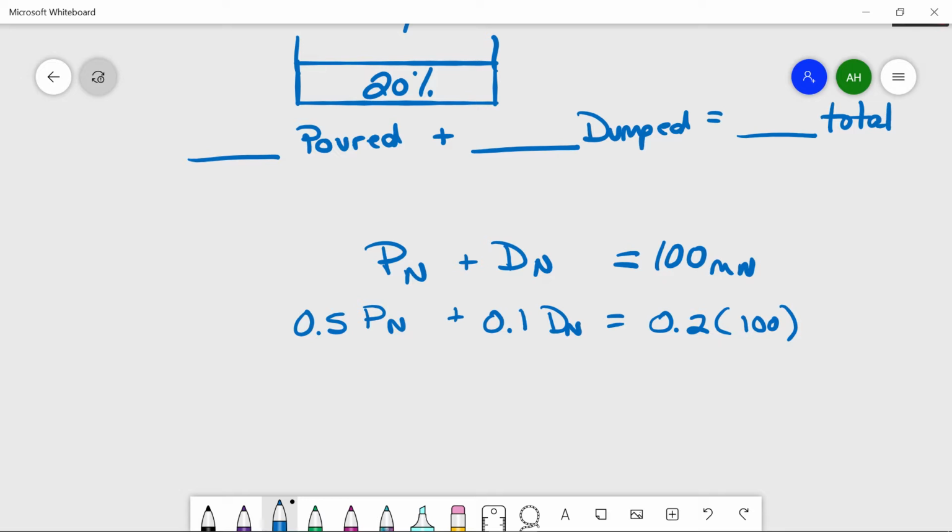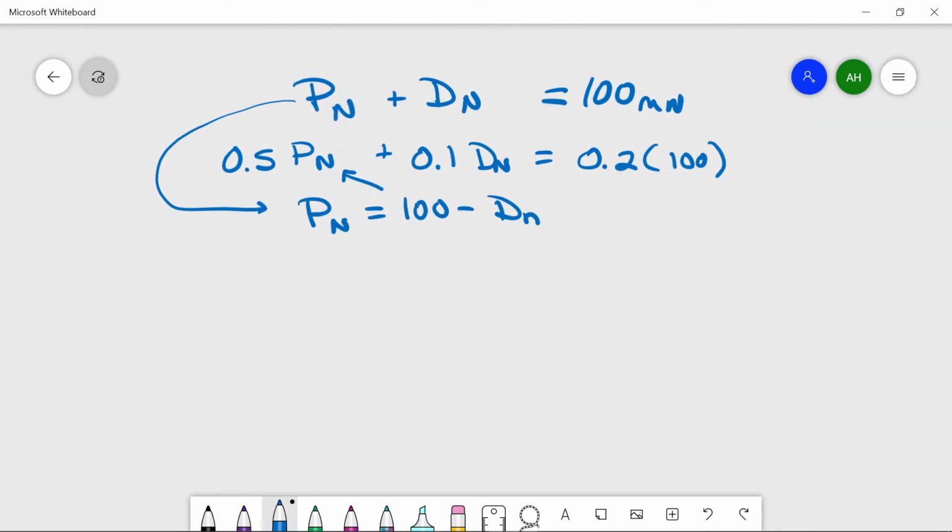Okay, this should start looking kind of familiar to some of the things that we've done with rate and time. Okay, so now I'm going to take this equation right here. I'm going to rewrite this as the amount poured in is going to equal 100 minus the amount that I dump. That way I've got something that I can plug into this equation up here so that I only wind up with one variable.